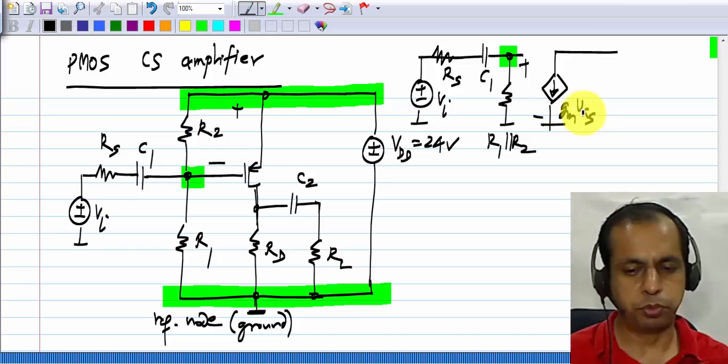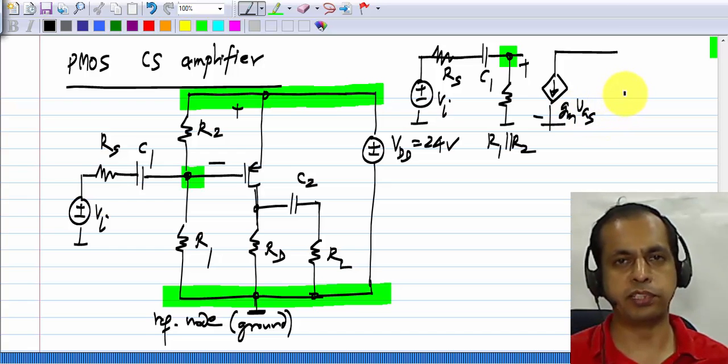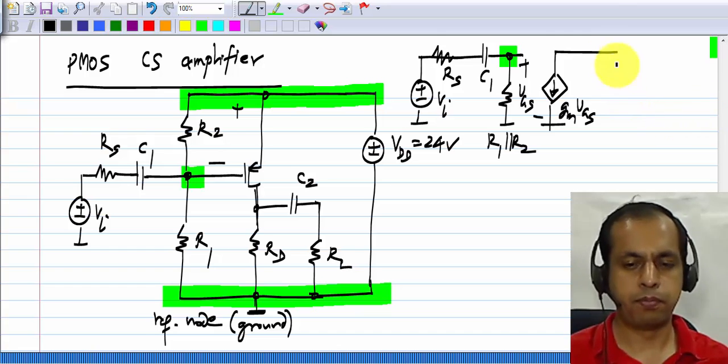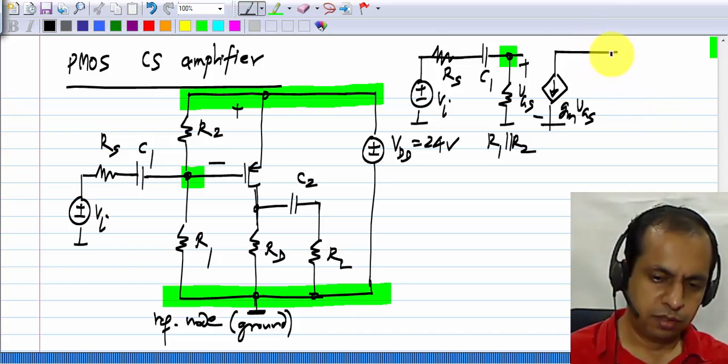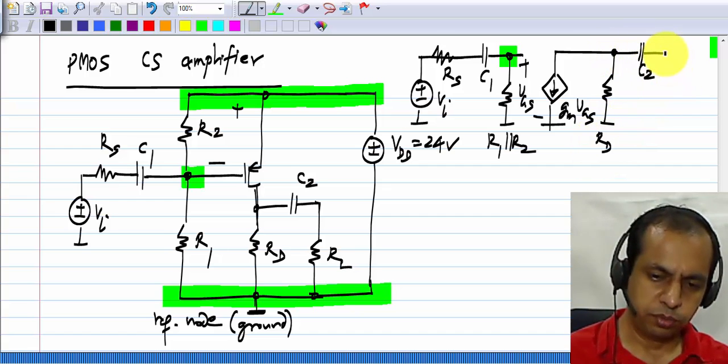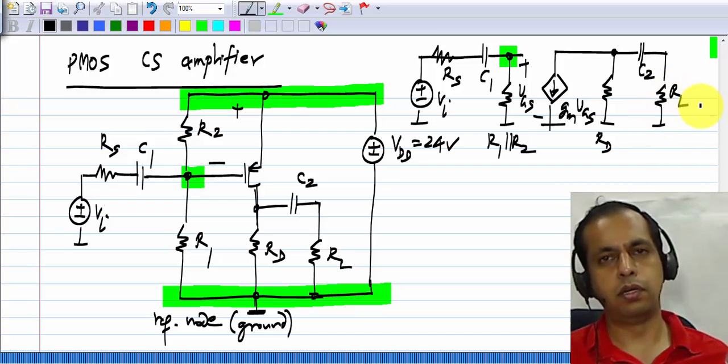Remember, the small signal model of the PMOS is exactly the same as that of the NMOS when we write it in terms of VGS. And then we have RD from drain to ground, we have C2 and RL.